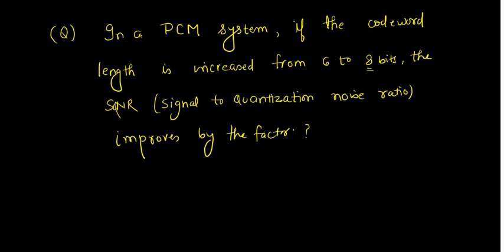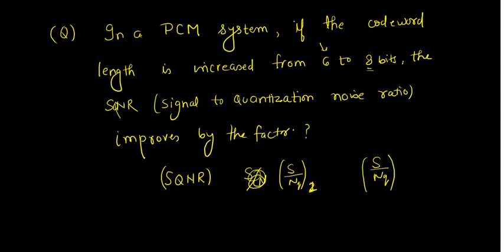So if this is a signal to quantization noise ratio, you can also represent it by the signal to noise ratio. When we use 6 bits to represent our code word, the signal to quantization noise ratio for the first scenario is S by NQ 1, and when we use 8 bits we represent the signal to noise ratio by S by NQ 2.